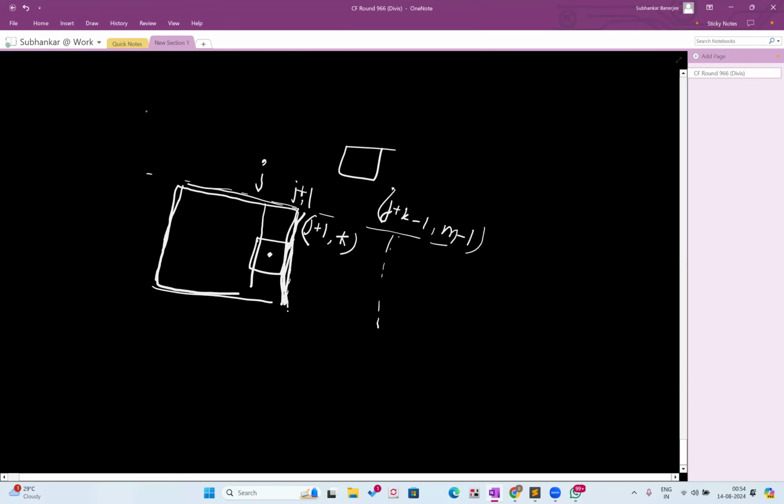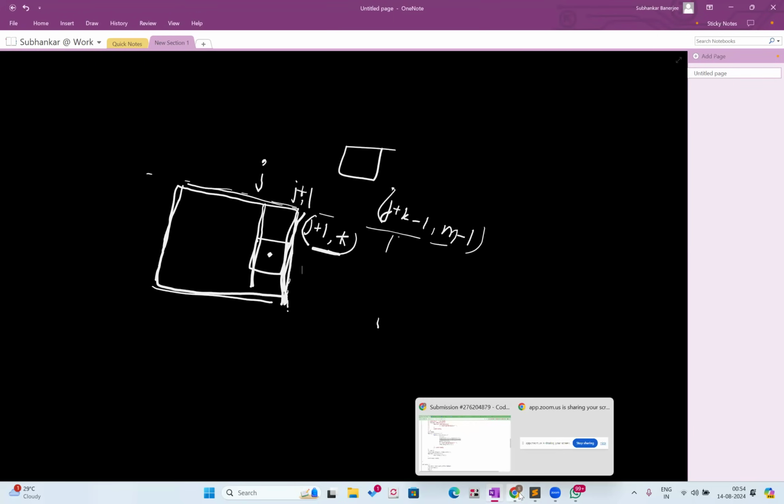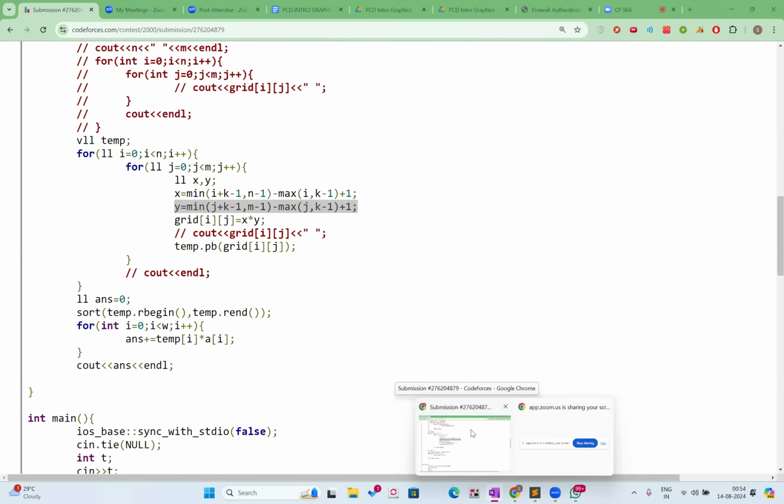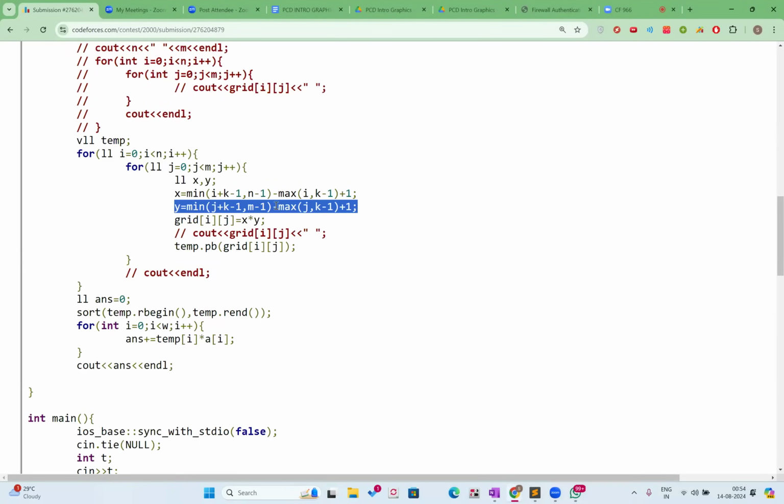This is the right border's maximum value. This is the right border's minimum value. So that is j plus 1 comma k. Yes. Whenever I have subtracted j comma k minus 1, then I have to add 1 as well. Did you get that? Yes.